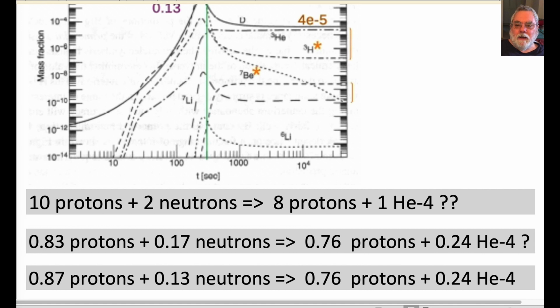So the mass fractions of protons and neutrons became 0.87 and 0.13 at 230 seconds, and they finish with 0.76 proton mass fraction on the right.